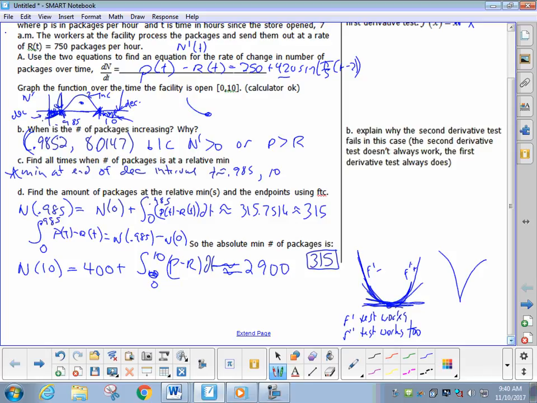If, however, you're looking at a critical number where the derivative does not exist, remember we can have minimums where either the derivative is 0 or it does not exist, well, the first derivative test would still show that the slopes go negative then positive, so the first derivative test works again. In fact, the first derivative test always works. Always.